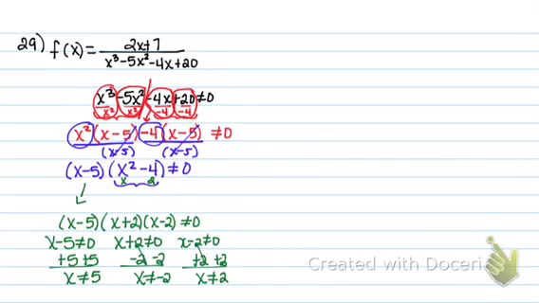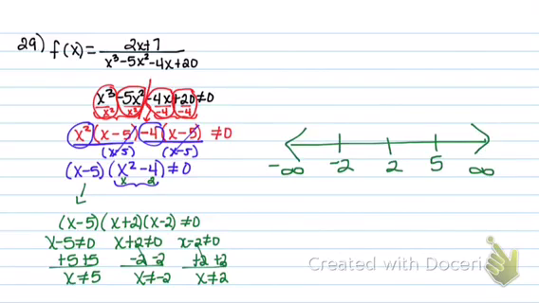Alright, so I'm going to draw myself a number line over here. Put my infinities. I need negative 2, positive 2, and 5. And we said x cannot equal them, so they're all going to be open circles. And then remember, x can't equal them, but it will equal everything else. And so we can see that here we have 4 intervals.